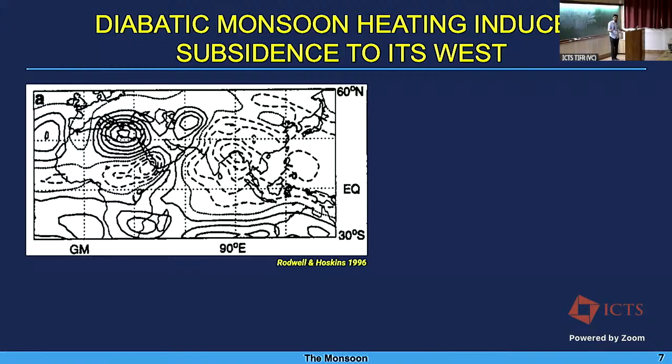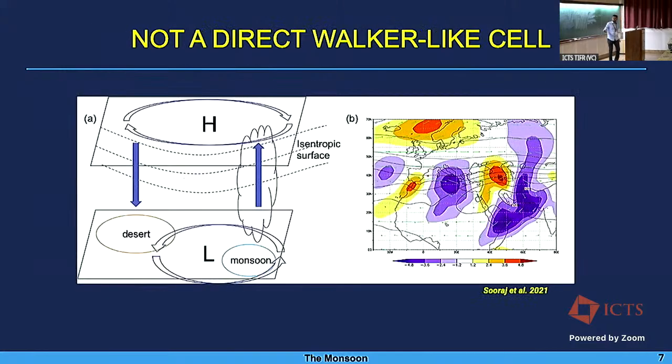One important point we should consider is that this is not a simple Walker-like cell. Updraft over the South Asian region and descent over the Sahara in that same cell is not what happens. This is not a Walker cell. What really happens is that the diabatic heating over monsoon regions triggers a Rossby wave response, which creates subsidence over deserts.